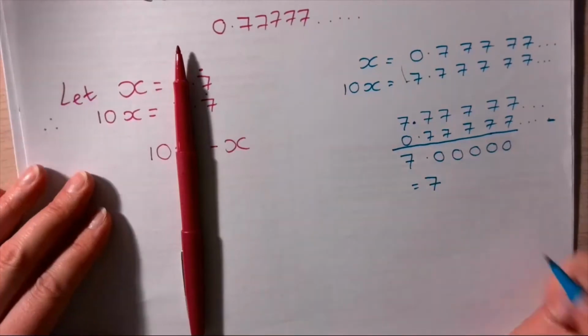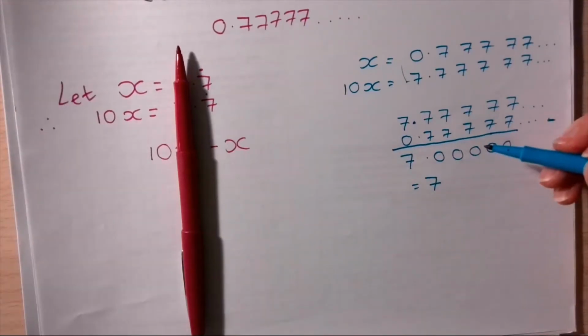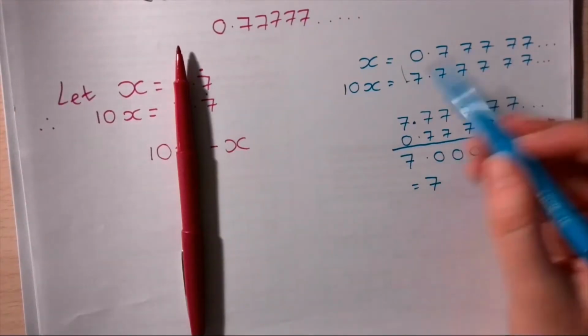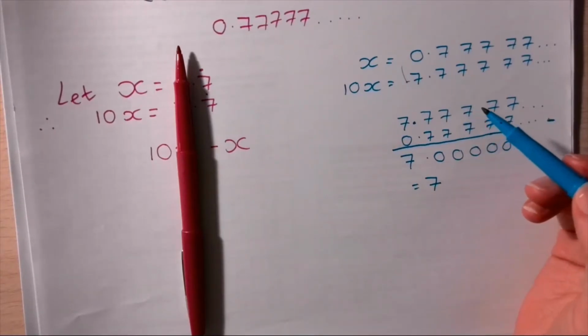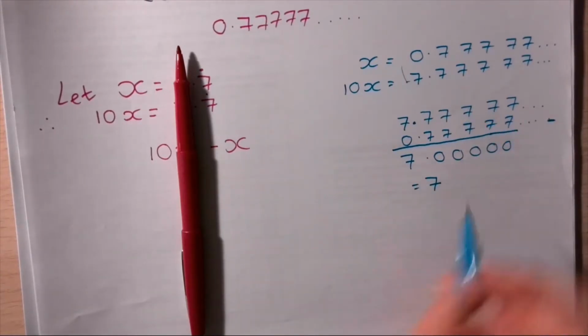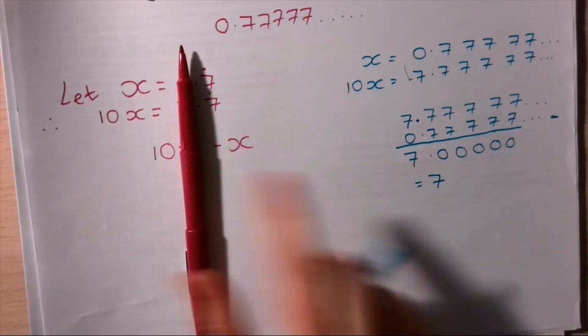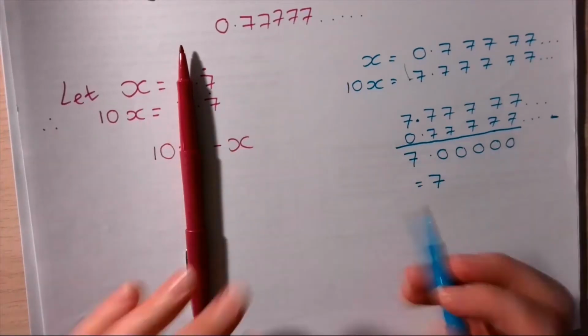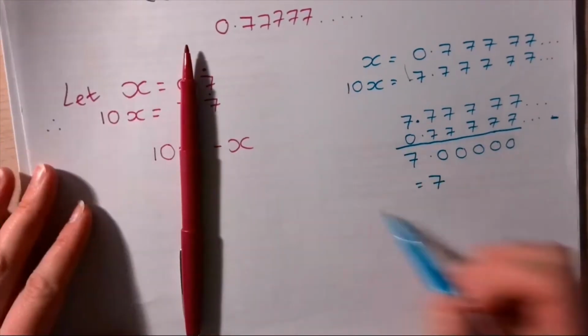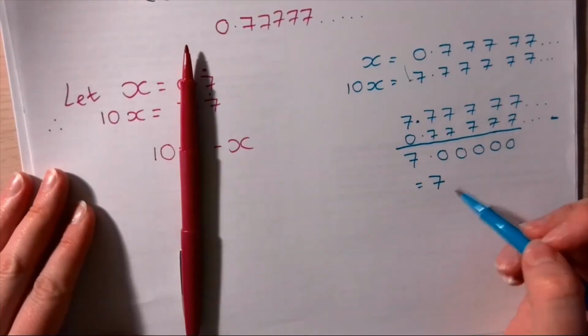So what we've done is actually a little bit of mathematical trickery to get rid of all of those recurring decimals. Now the way we want to write this down is a little bit more succinct than this, but I just want to explain to you how and why that works.